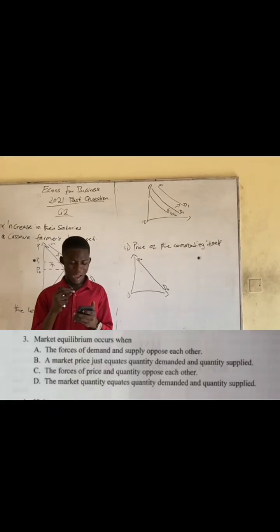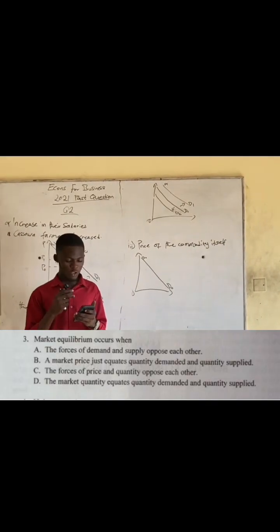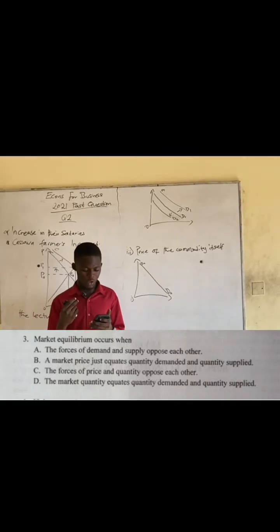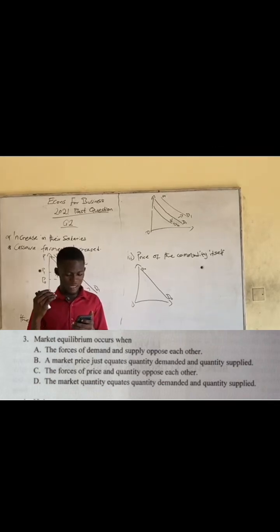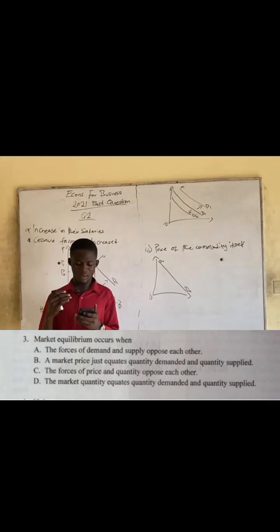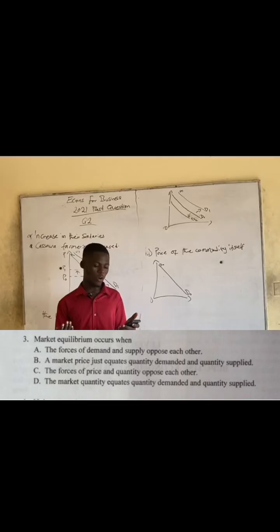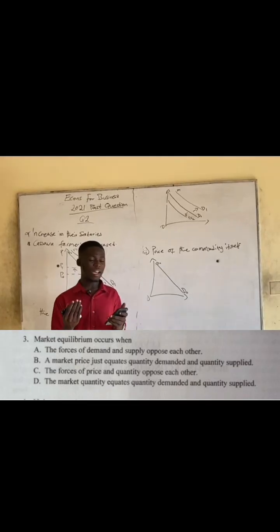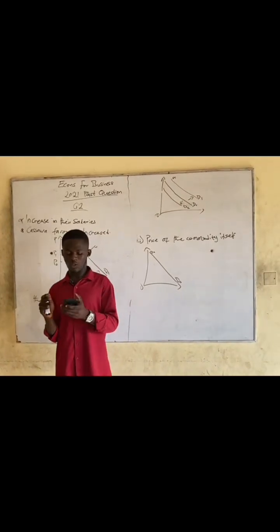Question 3, market equilibrium occurs when A, the forces of demand and supply oppose each other. B, a market price just equates quantity demanded and quantity supplied. Question 3 is also B, because equilibrium occurs when you equate the two quantities, the quantity demanded and the quantity supplied.